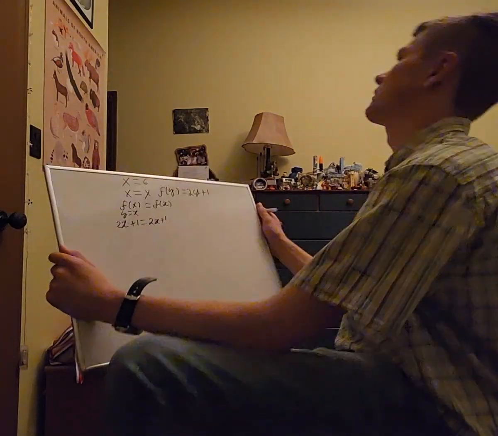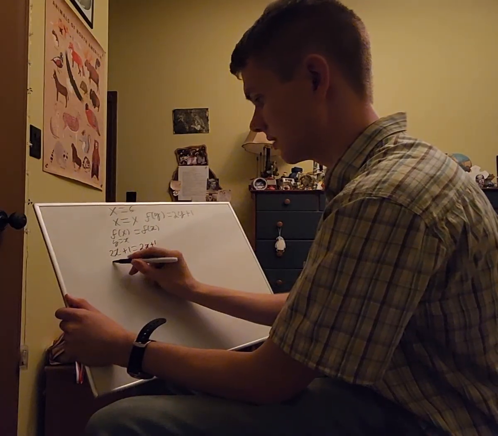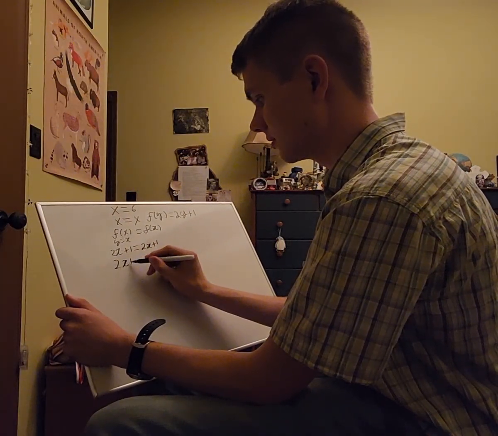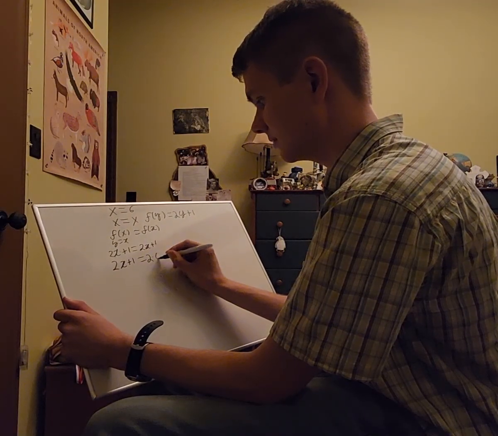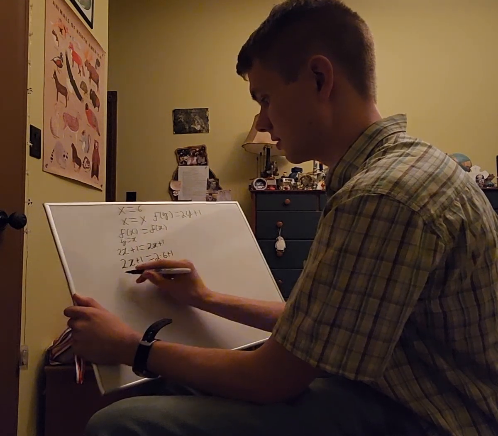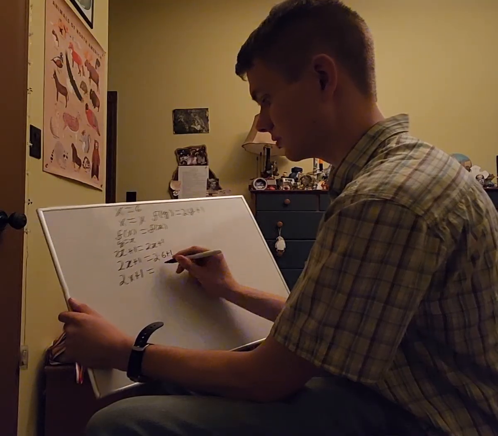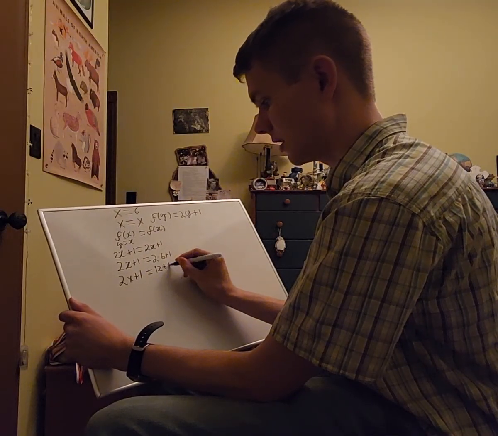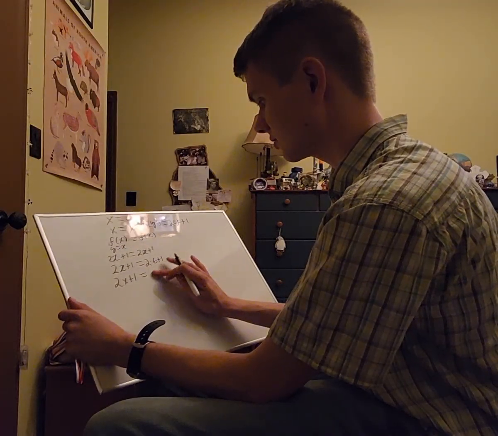But now we know that x is equal to 6, so 2x plus 1 is equal to 2 times 6 plus 1. 2 times 6 is 12, so we get 12 plus 1, which is 13.